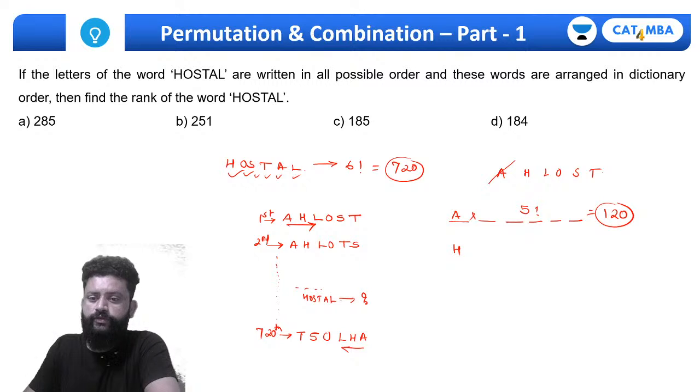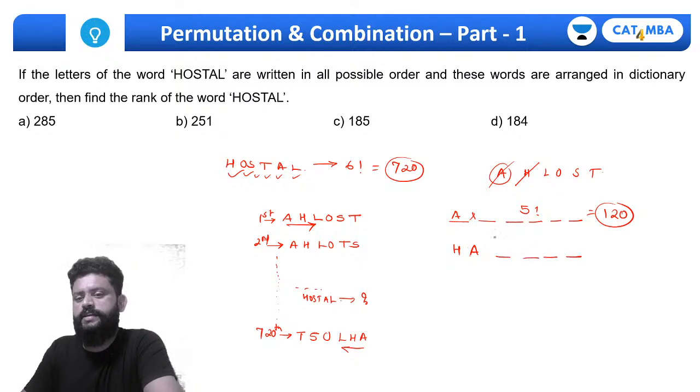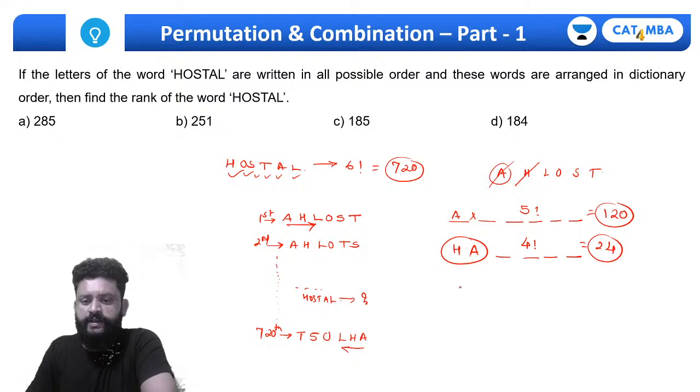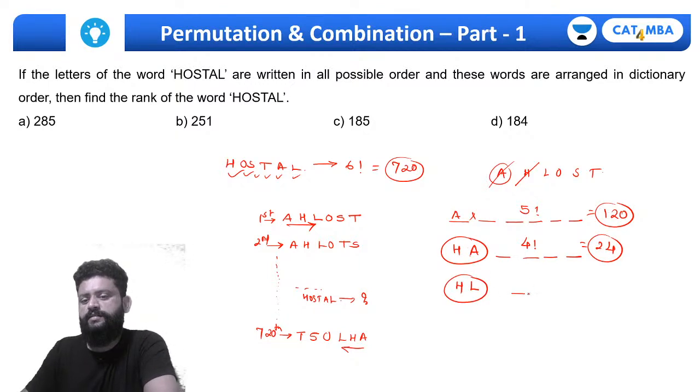Then words starting with H, but we want HOS. So what we'll do, as soon as we meet H, first we'll get HA. HA means how many words will be formed, the remaining 4, LOST, can be arranged in 4 factorial ways. So we'll get 24 words which start with HA. Then we'll get words starting with HL.